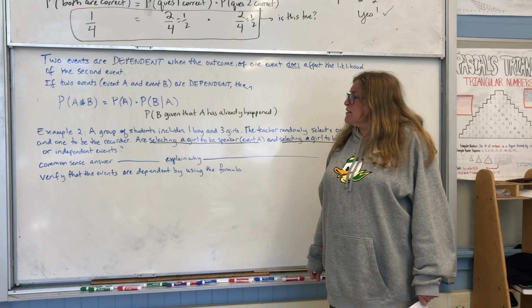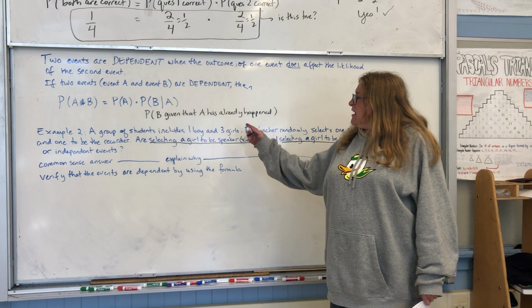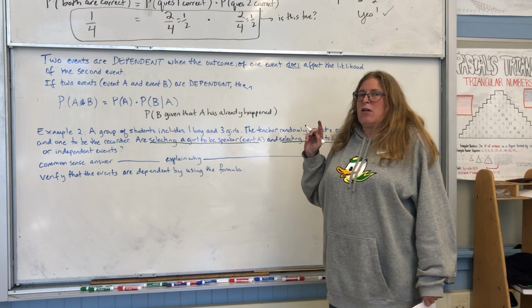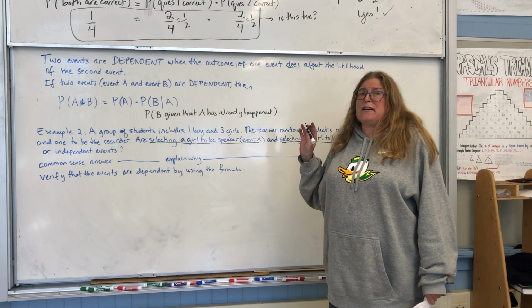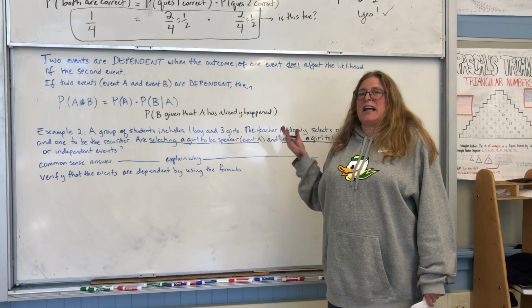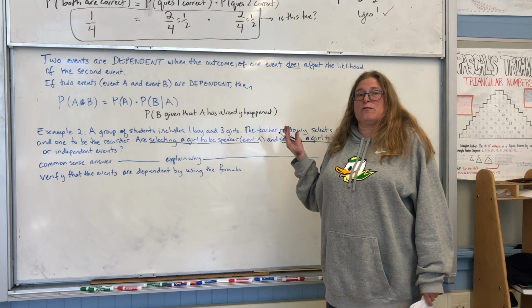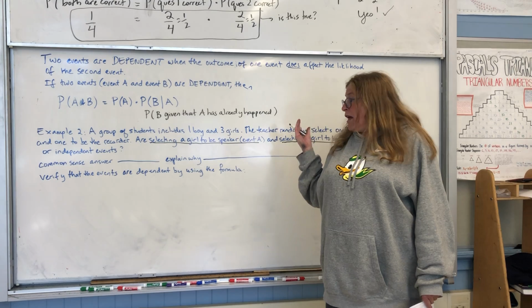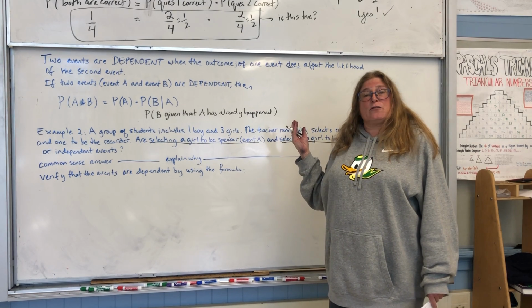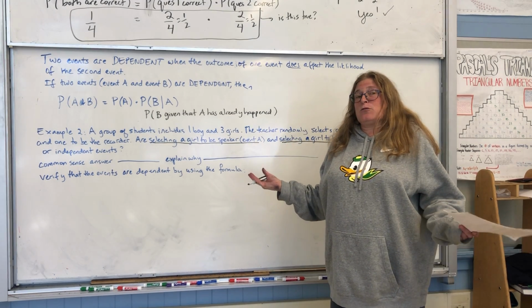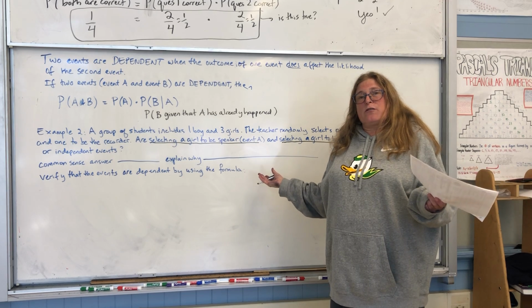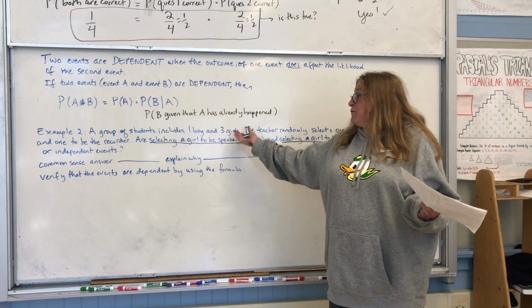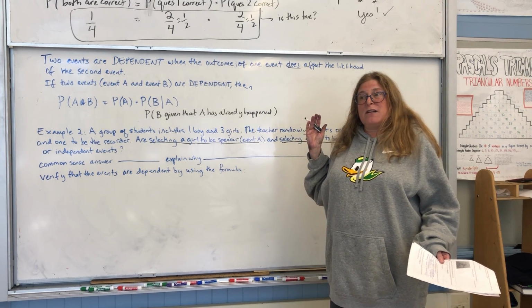Or in other words, if I select a girl first for the speaker, does that change the likelihood that I'm going to select a girl for the recorder? Well, yes, because if I select a girl for the speaker, how many kids are left to play the recorder role? Well, instead of 4, there are now 3, right?